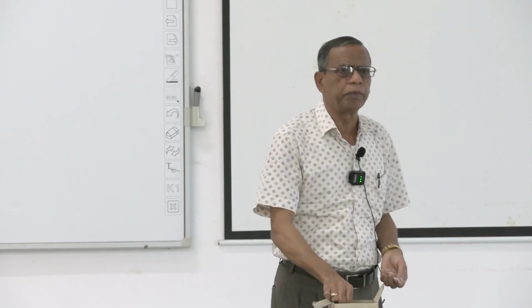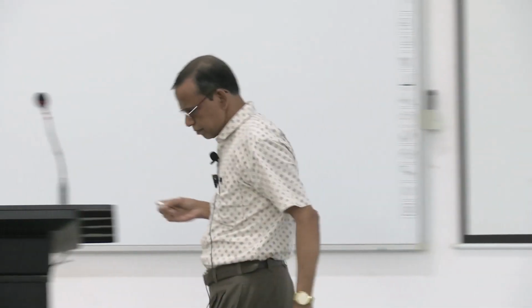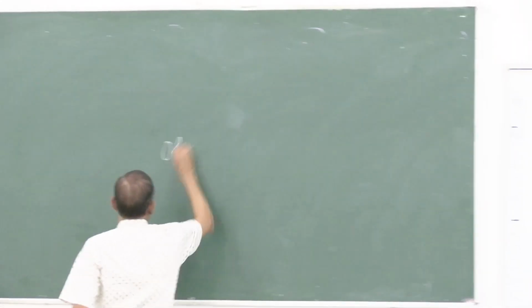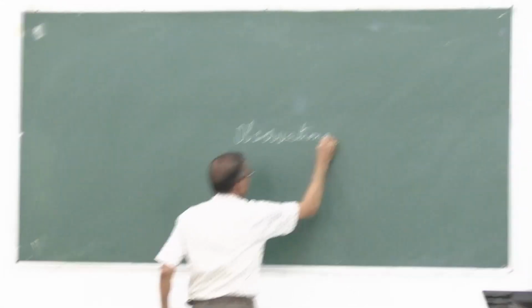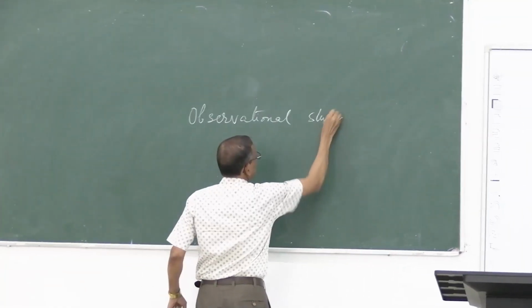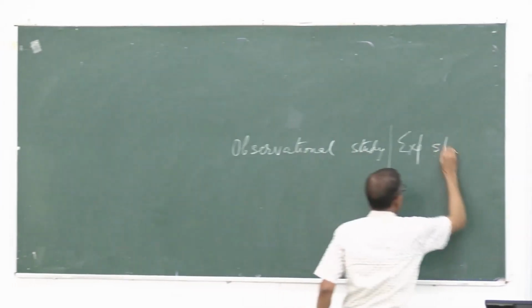Now, let us discuss the epidemiological studies. Epidemiological studies are broadly of two types: one is observational study, and another is experimental study.